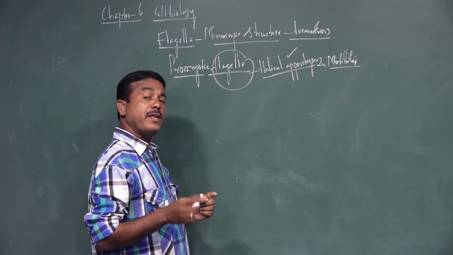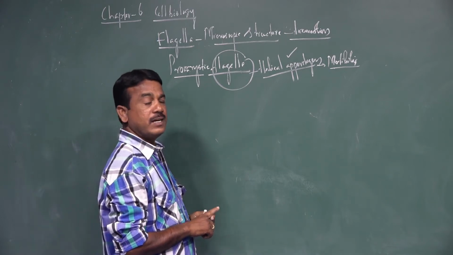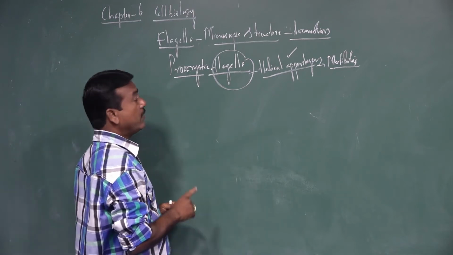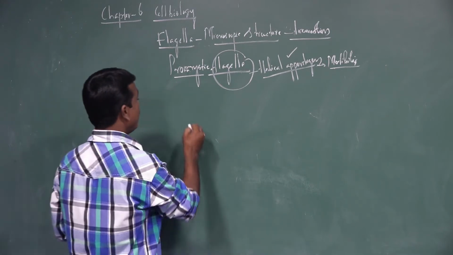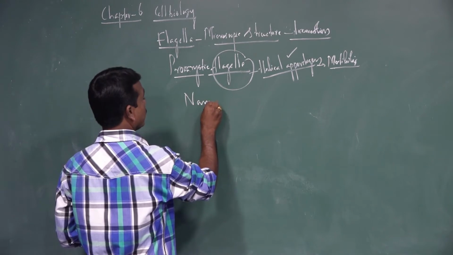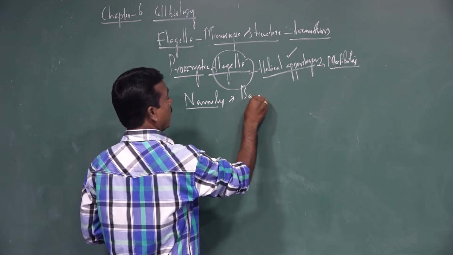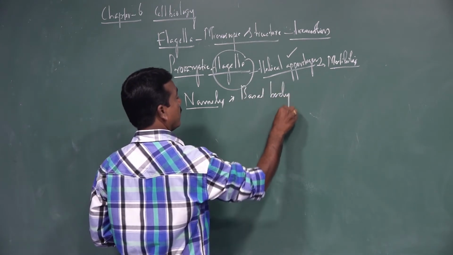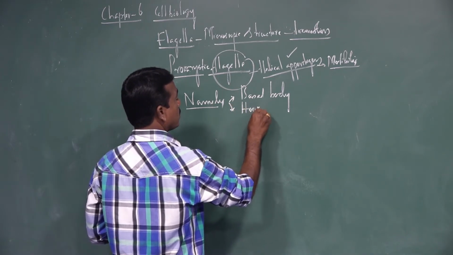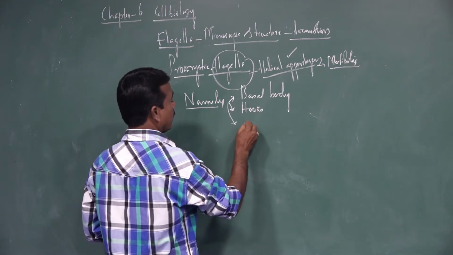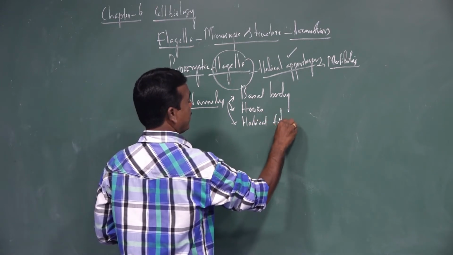In addition, in the flagella there are generally three components, namely the basal body, hooks, then the helical filament.